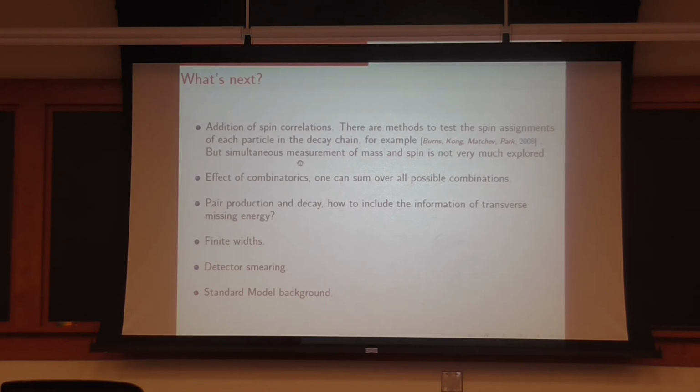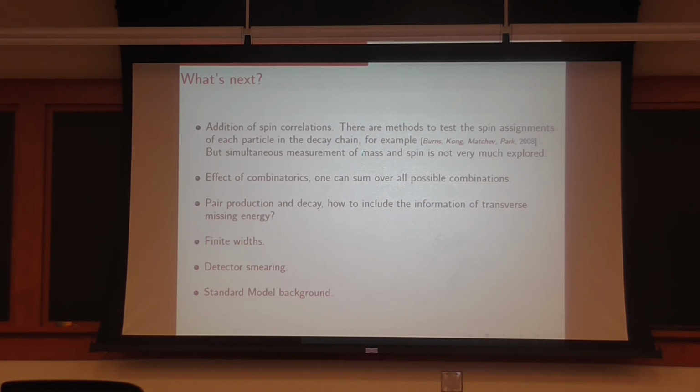Okay, so what is next? Addition of spin correlations. Of course, we want to do the same thing and see what happens if you add the spin assignments in the chain. There are a couple of possibilities for, let's say, a four-way final state. There is some work done on that subject, but I think the simultaneous measurement of mass and spin is not very much explored.